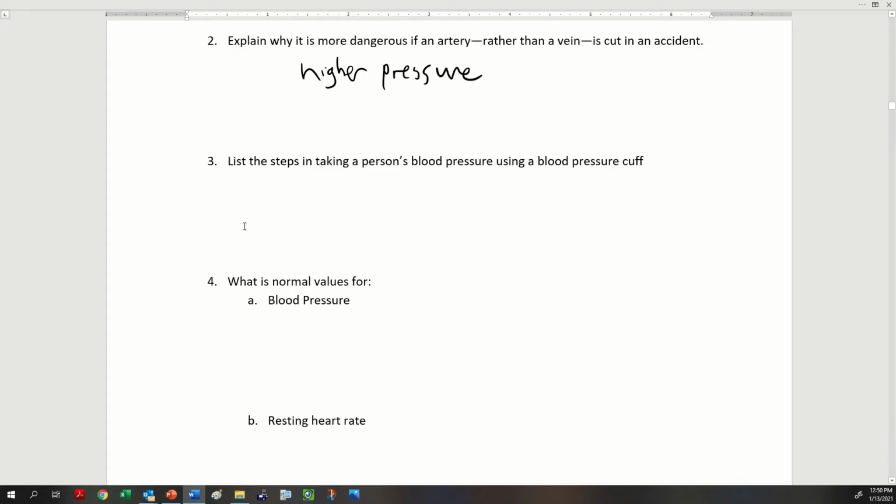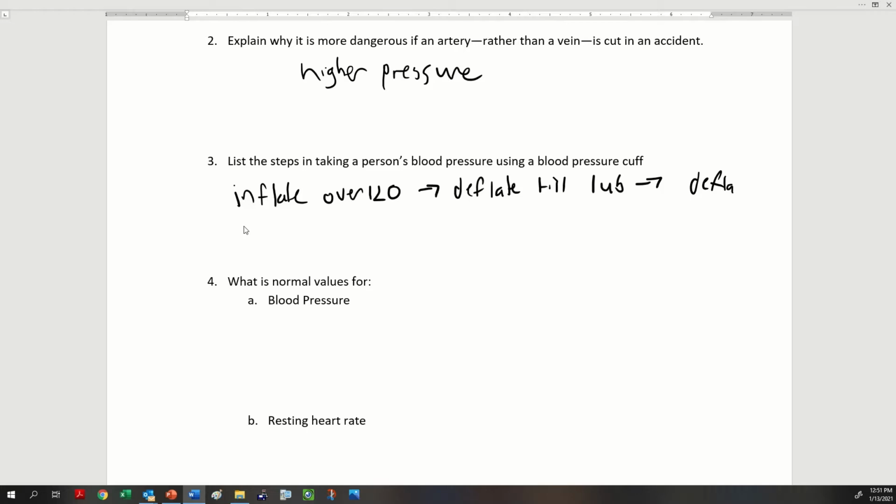List the steps in taking a person's blood pressure using a cuff. So you inflate over 120. Deflate till you hear lub, deflate till dub, right?